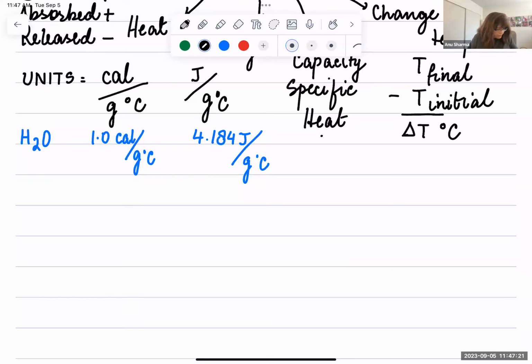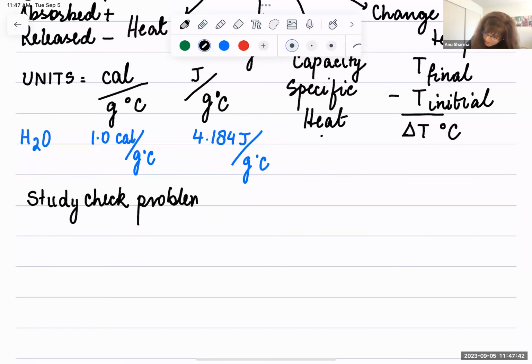Now, calculating the heat loss, let's do that. Okay, let's do this problem. So this is a study check problem, 3.7.